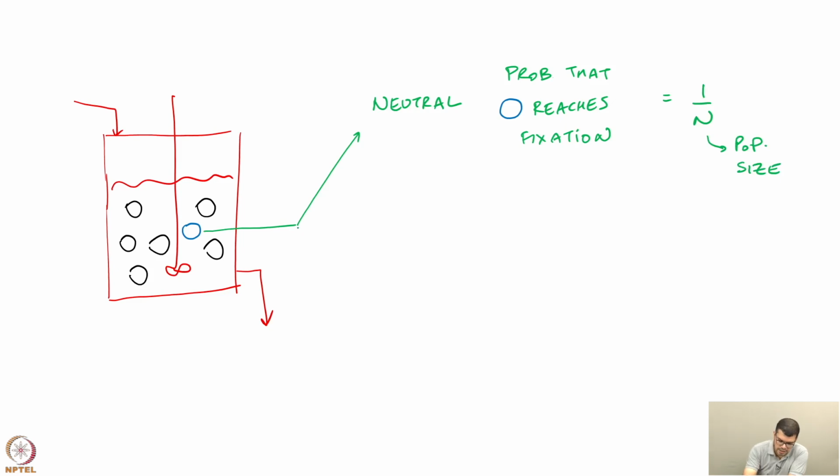In the neutral case, since the fitness of the blue individual is exactly the same as the fitness of the black individual, selection is not doing anything. Selection has nothing to distinguish between blue and black individuals, and it is only chance or drift which is deciding the fate.